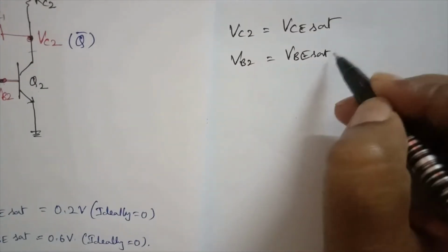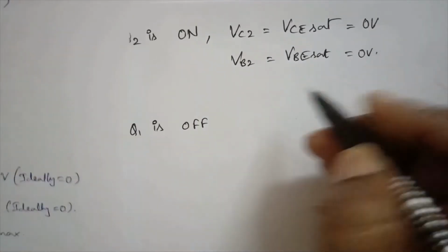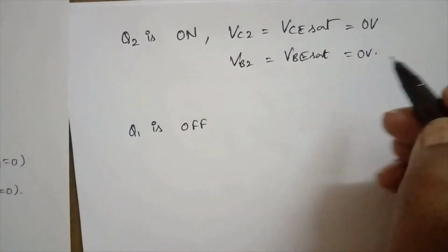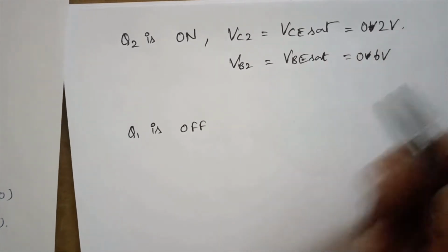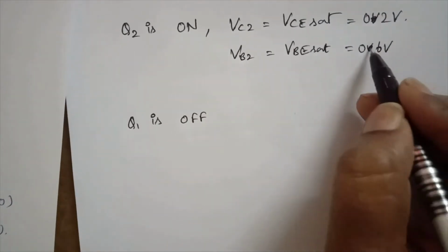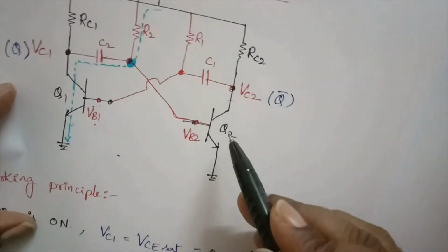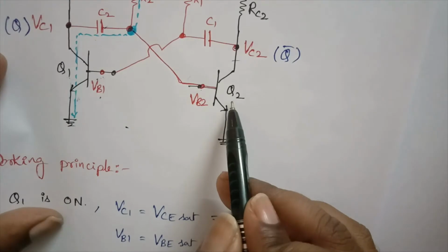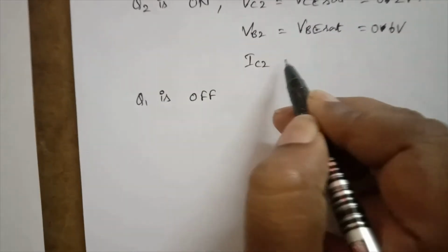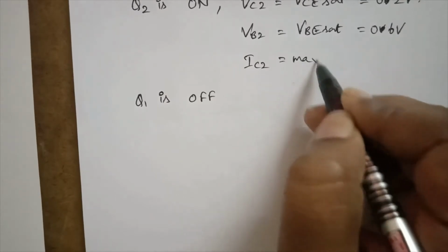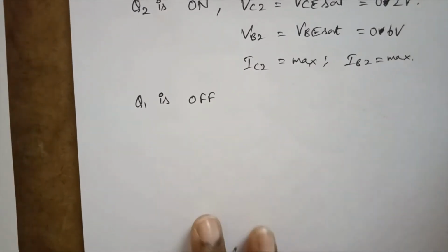Let us take ideal values as 0 volts, otherwise we can take 0.6 volts and 0.2 volts as you wish. Next, what about the current through transistor Q2? Q2 is now on, so we are getting maximum current. So IC2 is max and IB2 is also max.